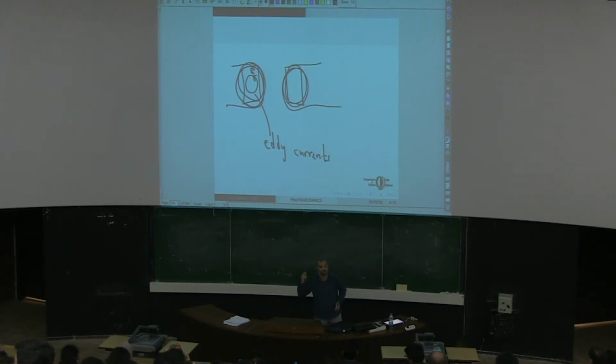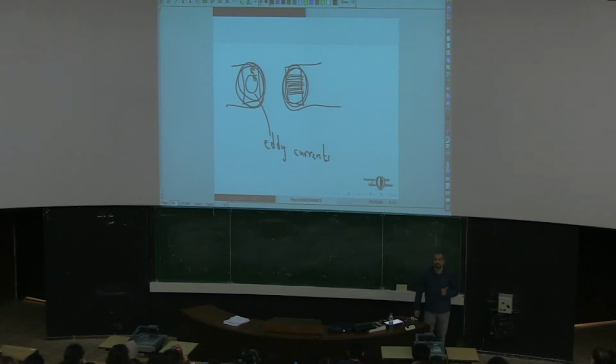Most of the time those are not things that you would like to have. For example, in a transformer, you wouldn't like to have eddy currents because that will cause the transformer to heat up. You will be losing power. You will be losing energy. So what you do is, rather than using this block of ferromagnet, you just divide it into very small sheets, and in between these sheets you put some insulating material, an insulating glue.